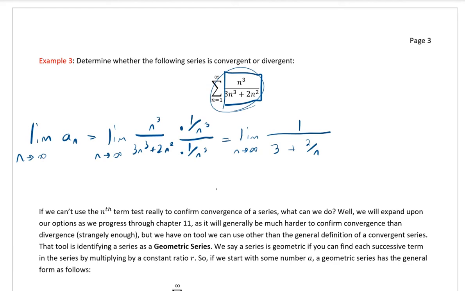Now if I evaluate this as n goes to infinity, this 2 over n goes to 0, because as n goes to infinity, 2 over infinity will go to 0. So this is approaching 1 over 3 plus 0, or just 1 over 3.